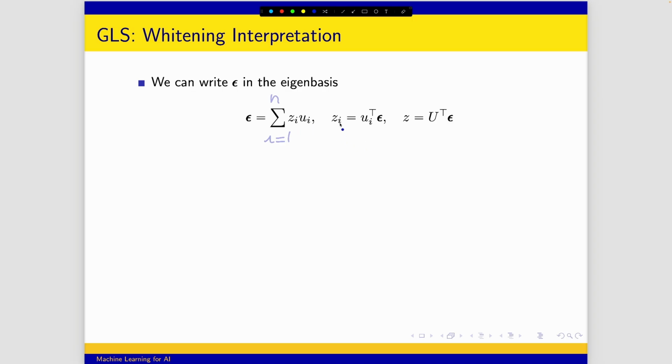Those coefficients are given by the dot product of epsilon with the ith eigenvector. Or we can write a vector of all of these z1 down to zn as the matrix U transposed times the vector epsilon.